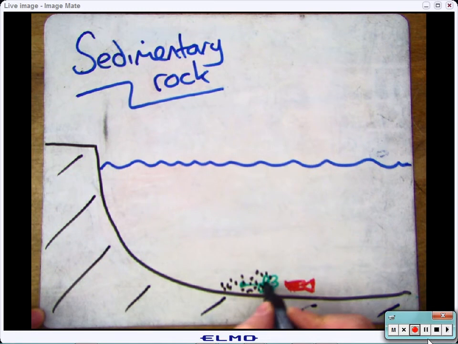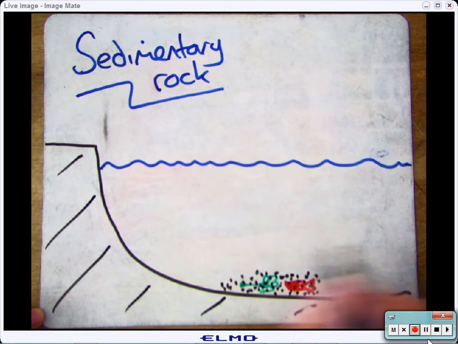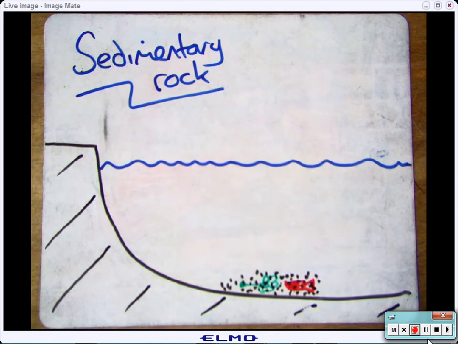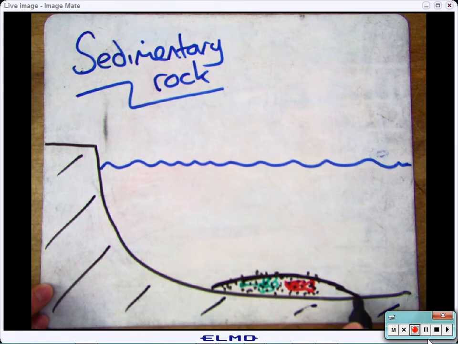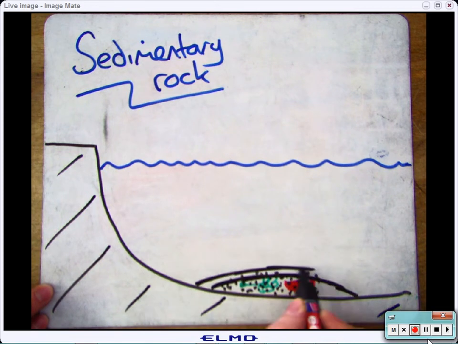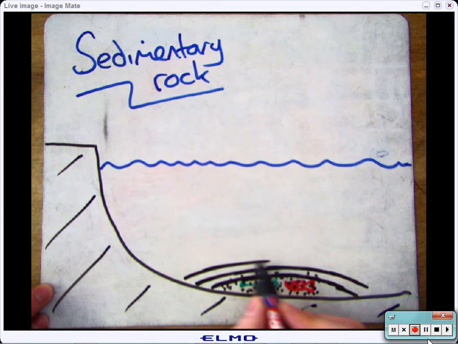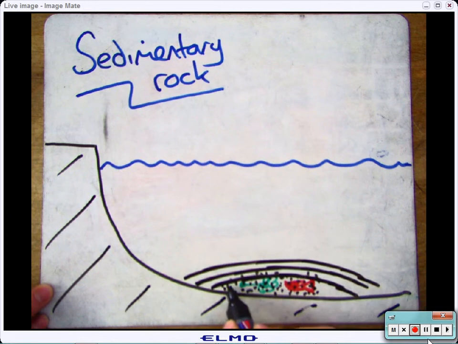So these rocks can be eroded from cliffs by physical, chemical weathering, and they'll fall down into the water, be transported, and then settle down at the bottom of the ocean. What happens is this will then build up into different layers. As more and more layers build up, the pressure down here gets bigger and bigger.